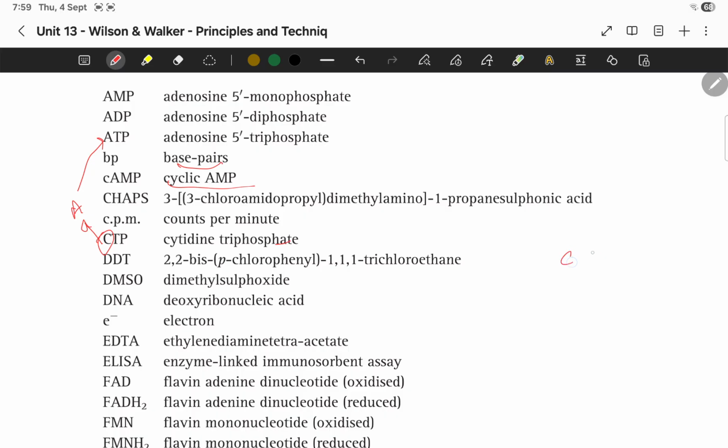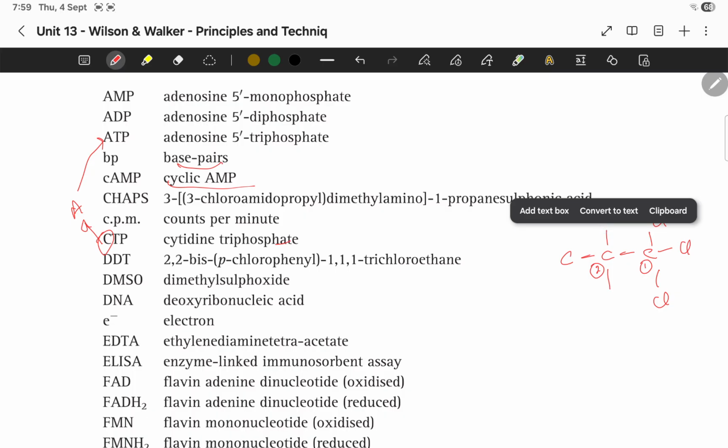It is an ethane, so two carbons, and 1,1,1 trichloro, Cl, Cl, Cl. If I take this one as 1, now it is 2,2-bis chlorophenyl. So it will be 2,2 because I am taking this one as 2. Chlorophenyl, there is a chloro and a phenyl.